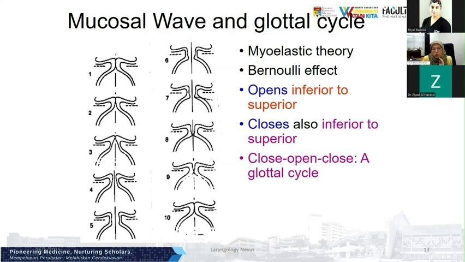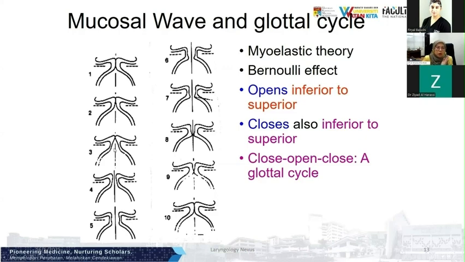So before I go further in talking about how we document the symmetry, the periodicity, the amplitude, and so on, everyone must remember how the mucosal waves are generated. You have to recap your knowledge on myoelastic theory, the Bernoulli effect, where the subglottic pressure, which keeps on increasing, will open the vocal fold from inferior to superior, like so.